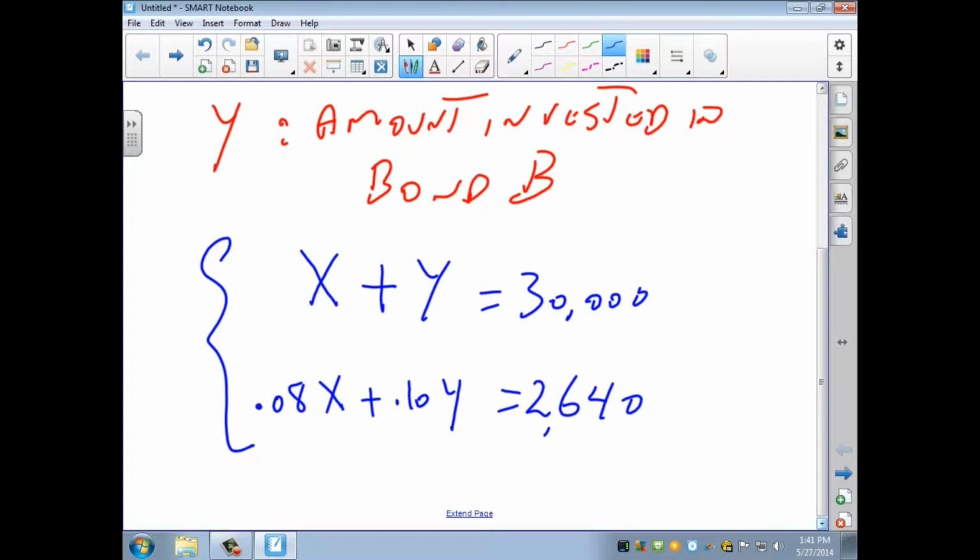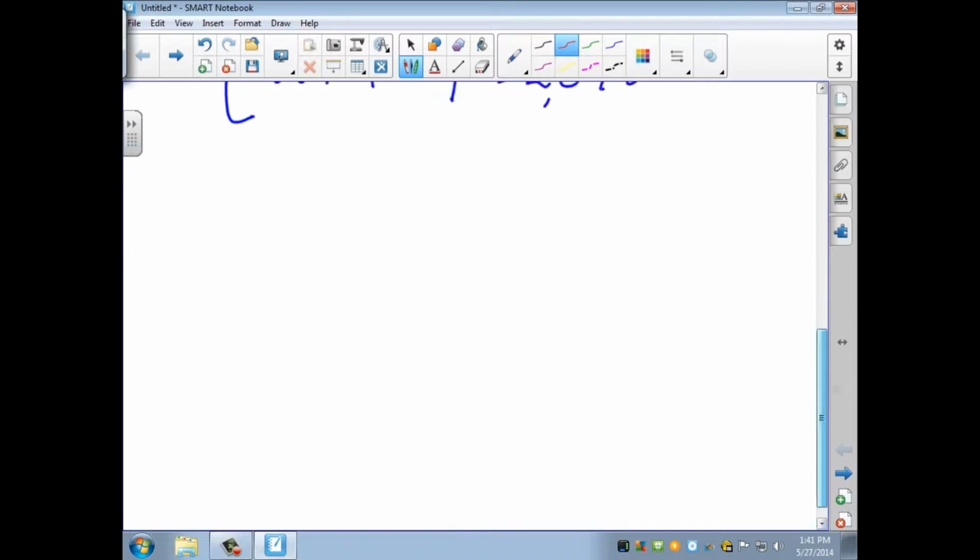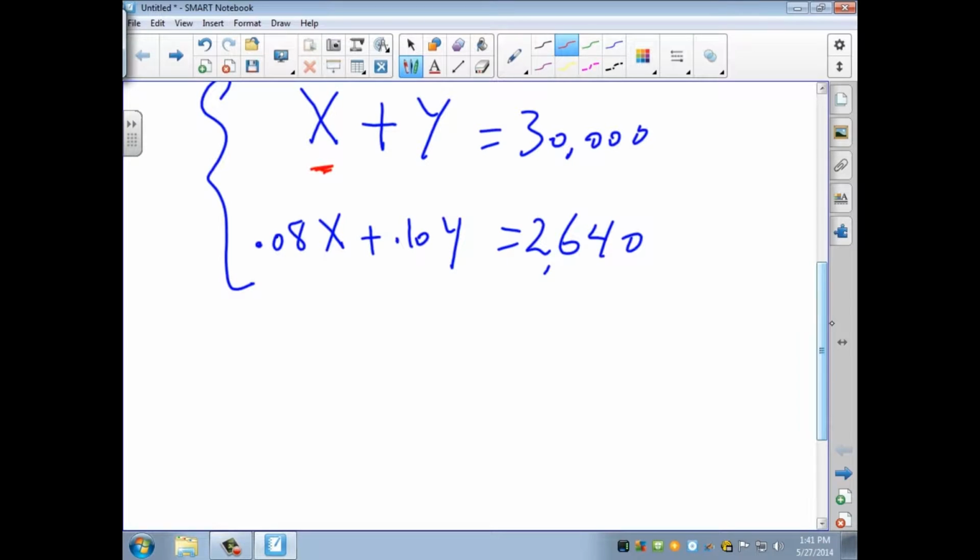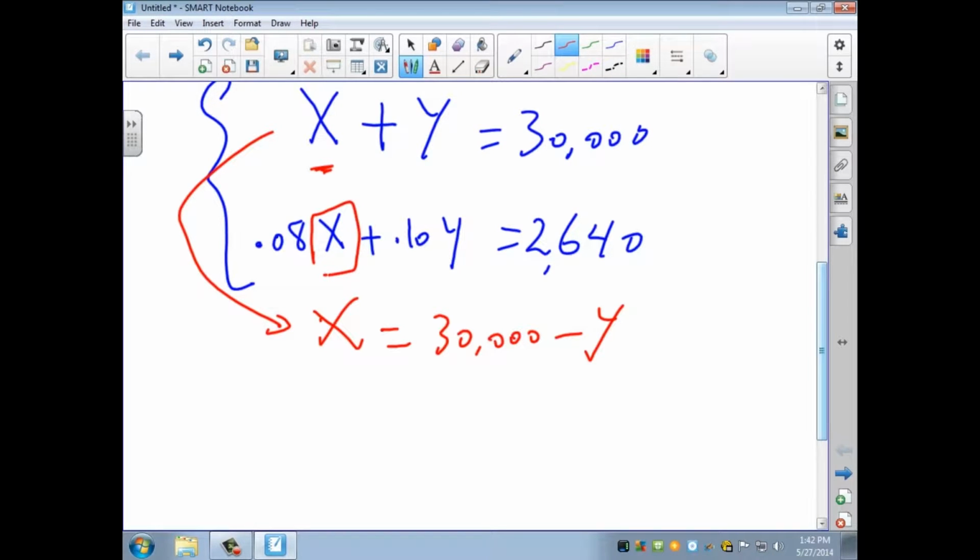Okay? The easiest way is to solve for X, for example, in one and plug it into the second equation. So if we solve X from the first one, that means X is equal to 30,000 minus Y. Now, in place of X in the second equation, we're going to put this equivalent.